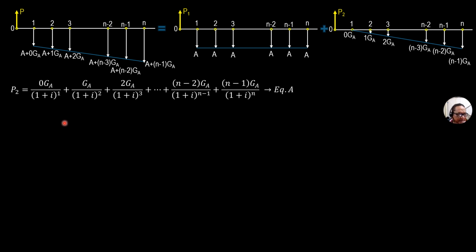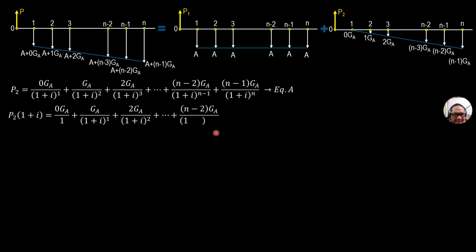Then next we multiply everything by 1 plus I. So that would be P2 times 1 plus I equals 0, still 0, over 1, plus G sub A over 1 plus I to the 1, 2 G sub A over 1 plus I square, plus dot dot dot, n minus 2 G sub A over 1 plus I to the n minus 2, then n minus 1 G sub A over 1 plus I raised to n minus 1. Call that equation B.